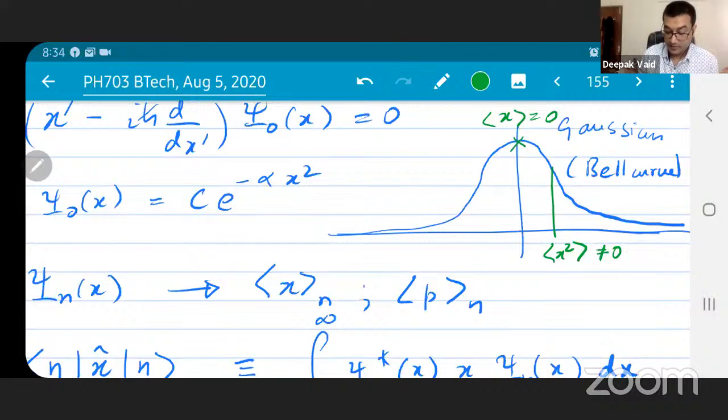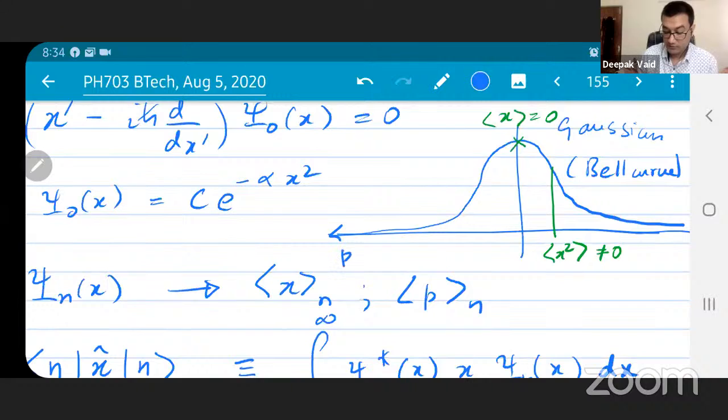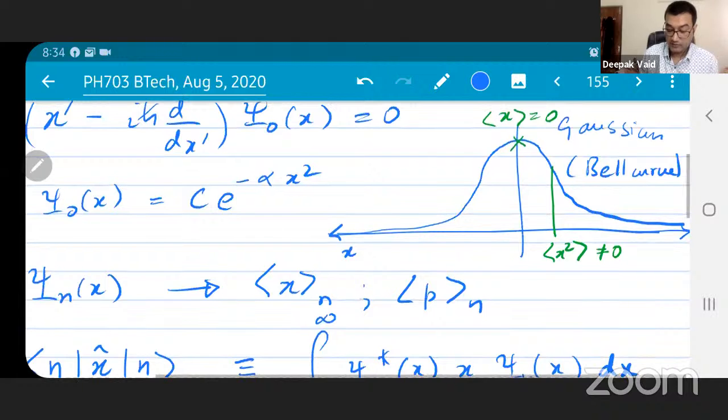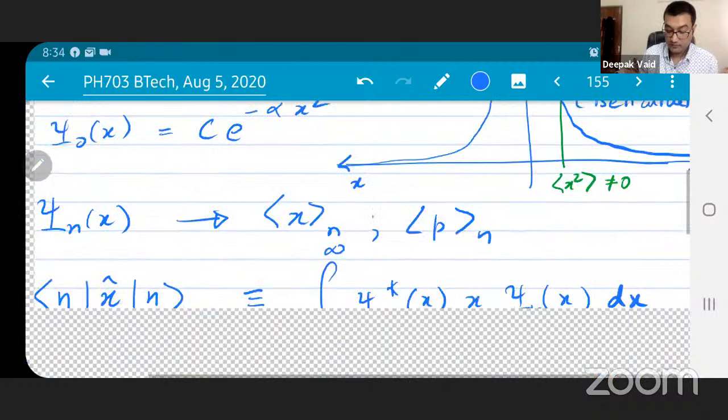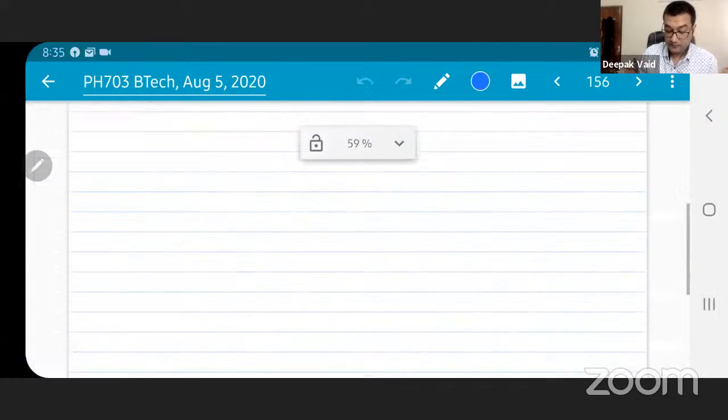And by the way, for the same reason, the square of the momentum operator will also have a non-zero expectation value.